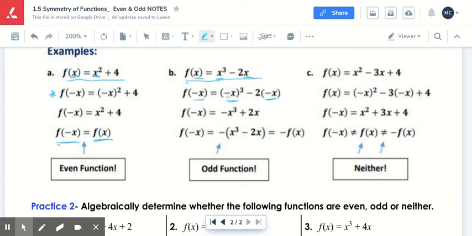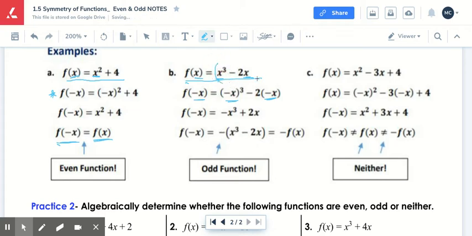If I take a negative number and multiply it times itself 3 times, so negative x cubed, I would end up with a negative of whatever the x cubed is. If I take a negative 2 and multiply it by a negative x, negative times negative is positive, so that would make this one a plus 2x. And then if I factor out the negative, I would end up with negative of x cubed minus 2x.